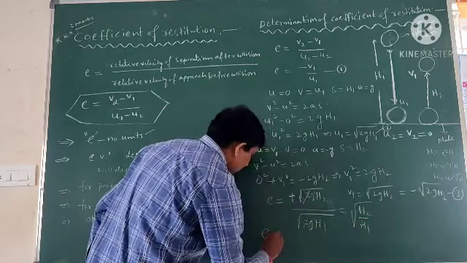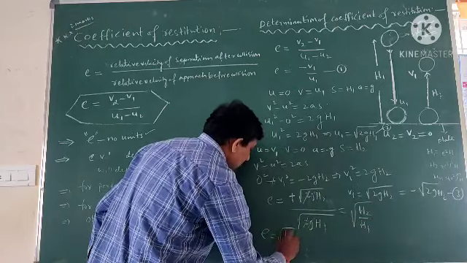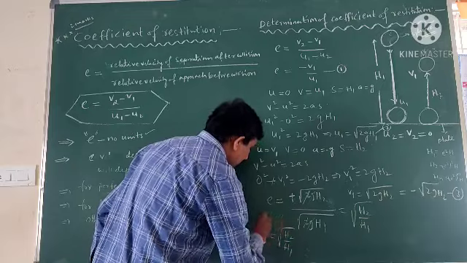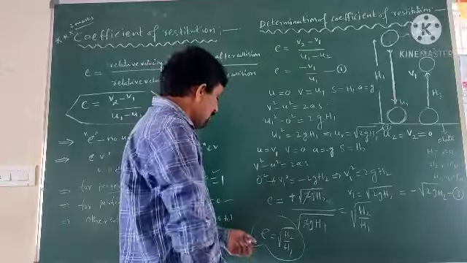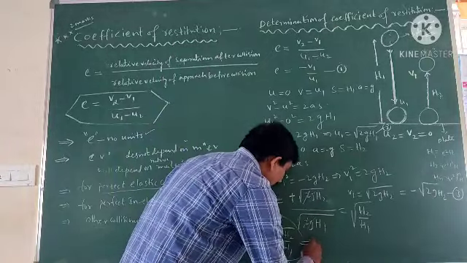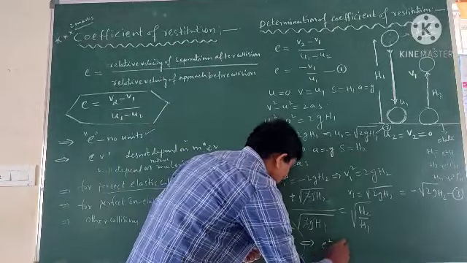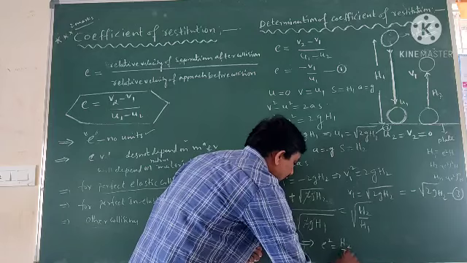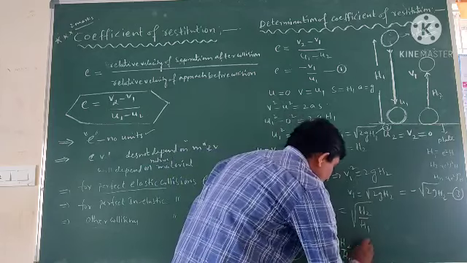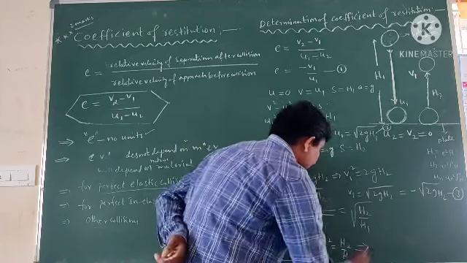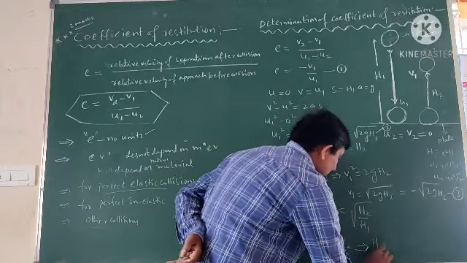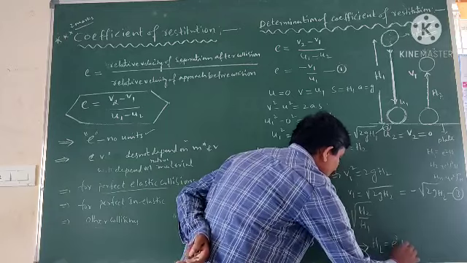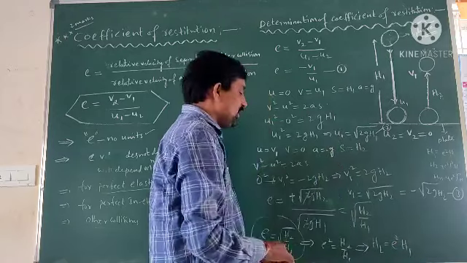This is called the coefficient of restitution. This formula is used for solving the problems. When we square both sides, e square is equal to h2 by h1. So the equation is also written as h2 is equal to e square into h1.